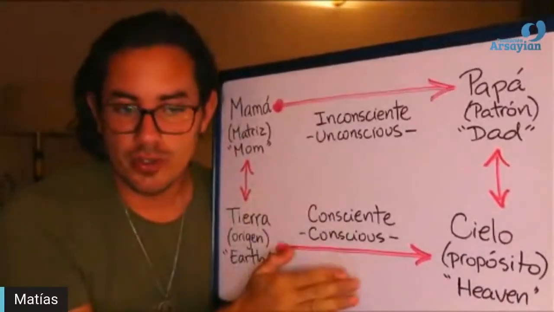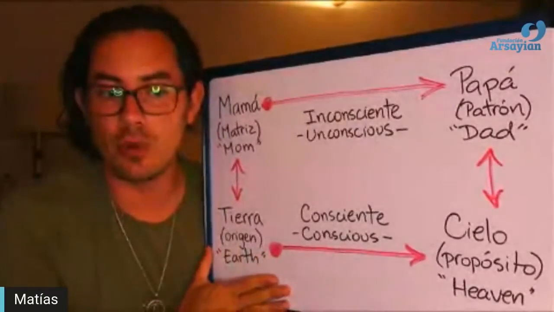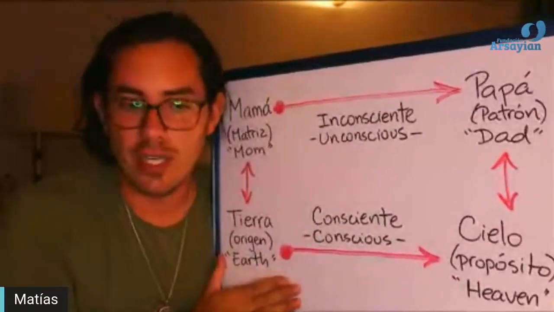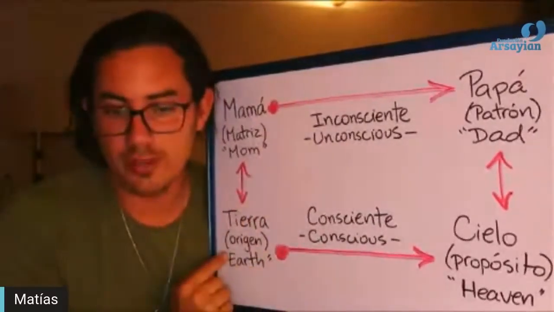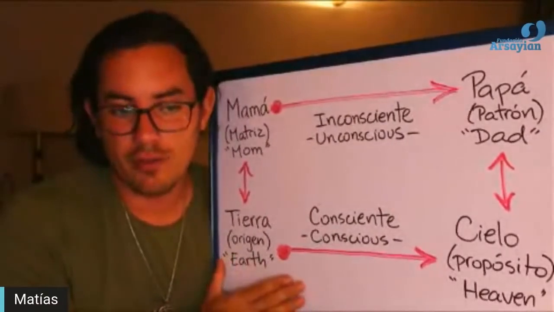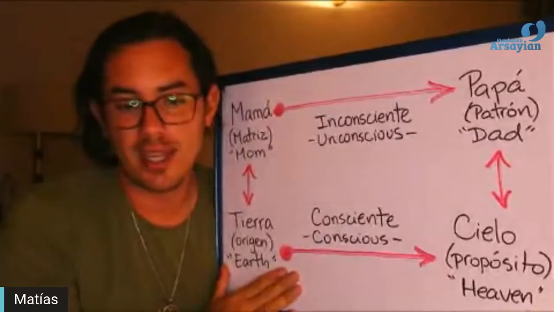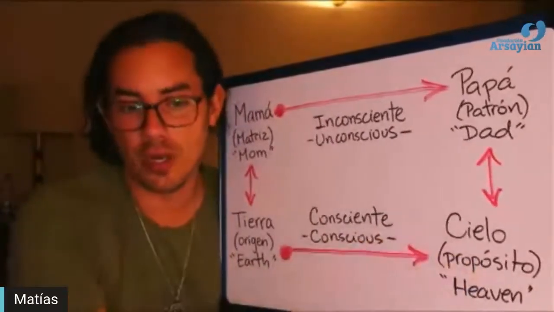So in the conscious aspect of reality, we all know that we have been born in a specific place with a specific culture, a religion, a tradition, whatever. That is our origin. So from when we realize our origin, we also decide to do something with it, to find a purpose in our life.